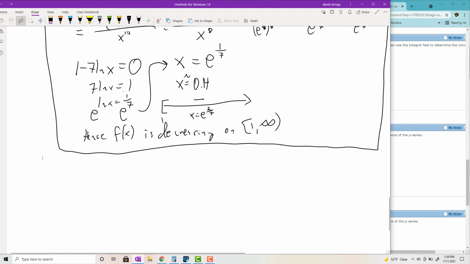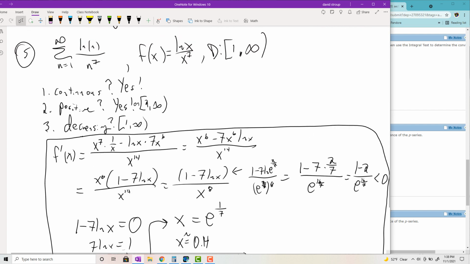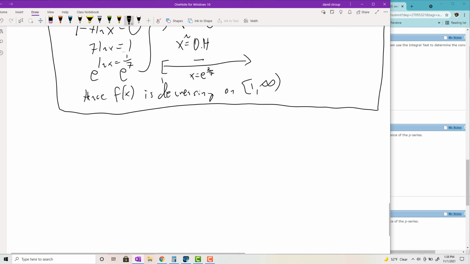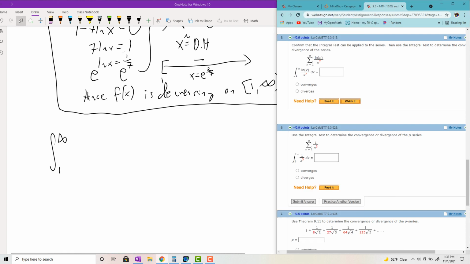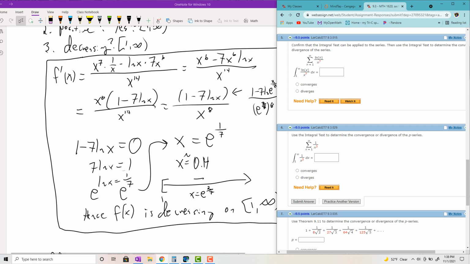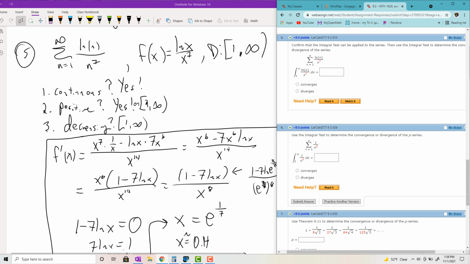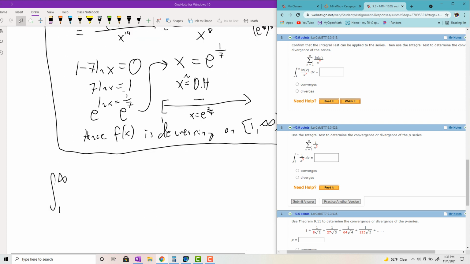Okay, so we're done with that part. Now we can go to our actual integral test. We're going to go from 1 to infinity. You should probably do 2 to infinity because we found that it's not technically positive if it equals 0 at one of the endpoints, but we'll just go with what the book wants.